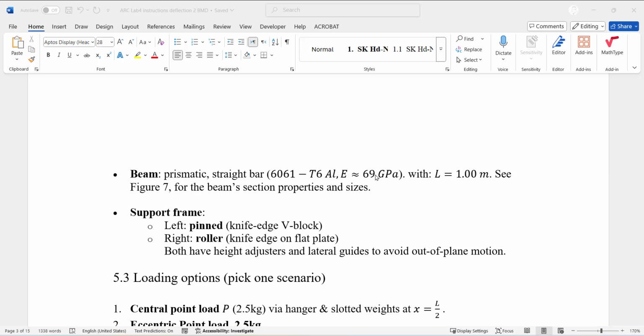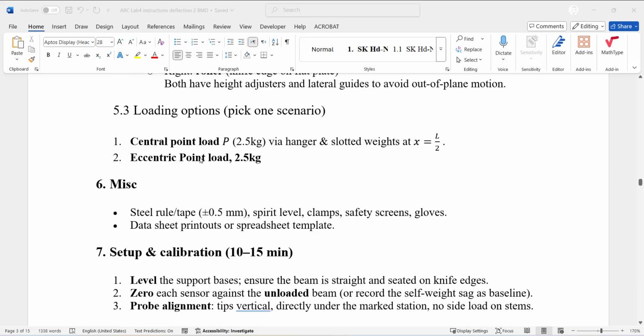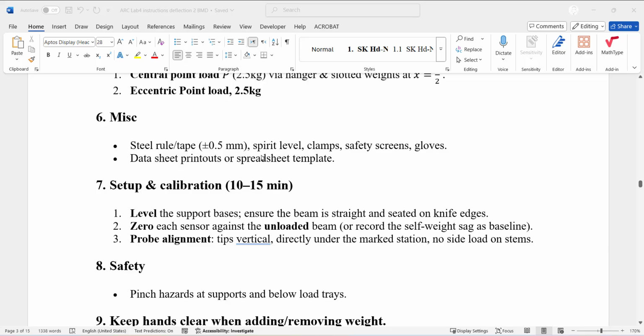So the Young's modulus corresponding to that is provided. And central load 2.5 is too much. Maybe we go with something smaller, and I provide you with an eccentric proportion, numeric values for A and B, but in this case L, the total length of the beam, is 1 meter.